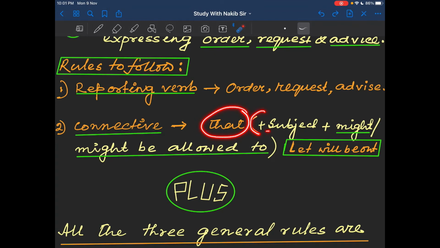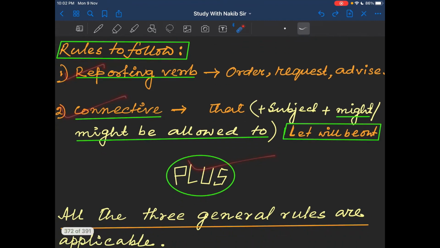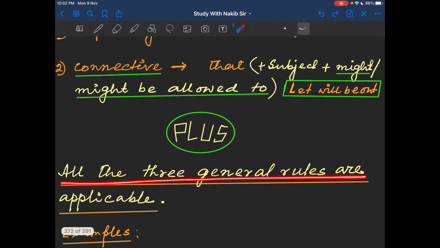And after that, the subject will be used first. After the subject, use might or might be allowed to. After that, use the verb. So first the connective, then the subject. After that, might or might be allowed to. After that, the verb, etc. And let will be completely out. So you have to follow these two particular rules, plus all the 3 general rules are applicable here.